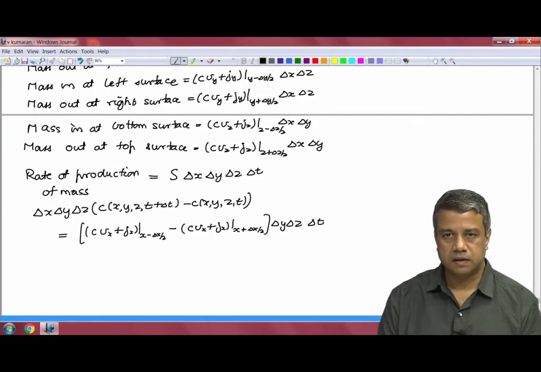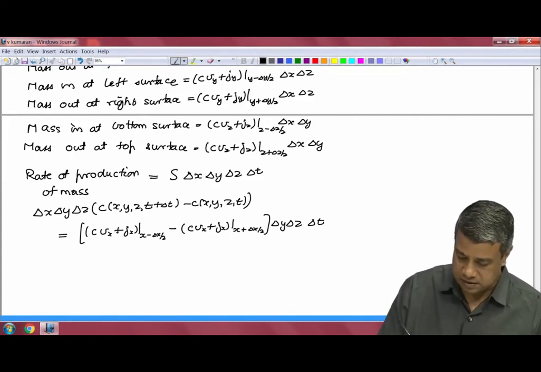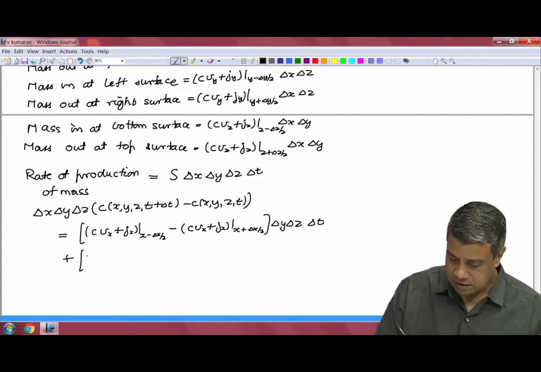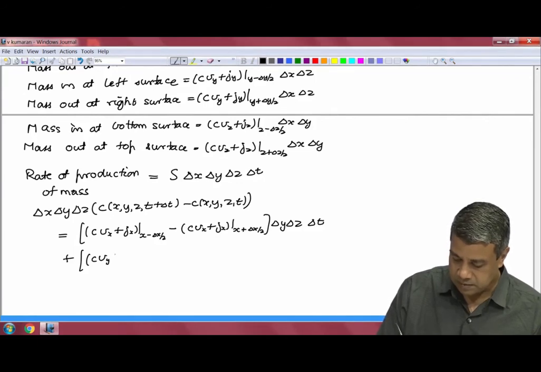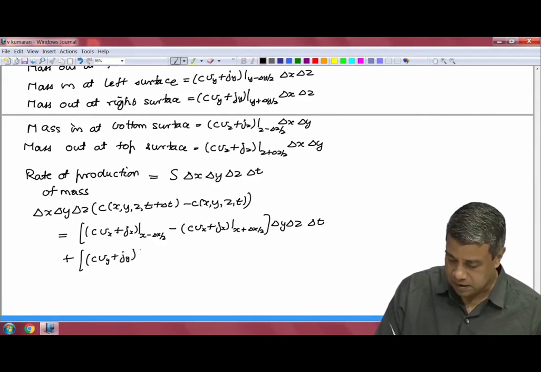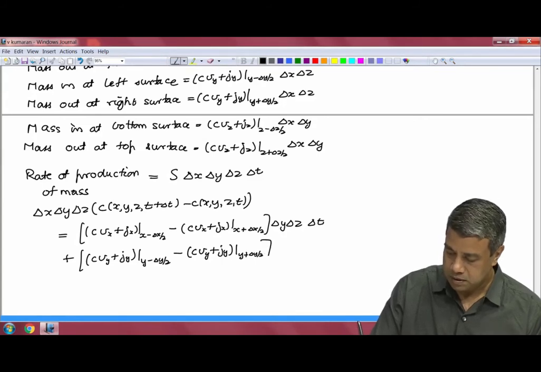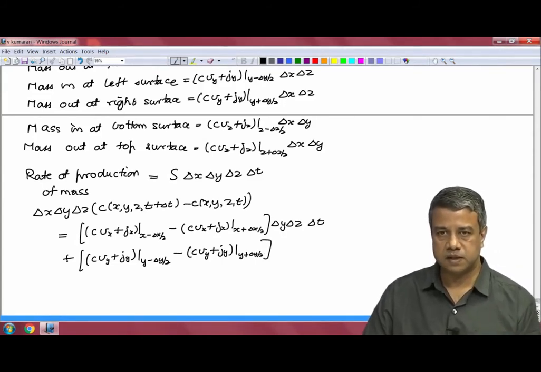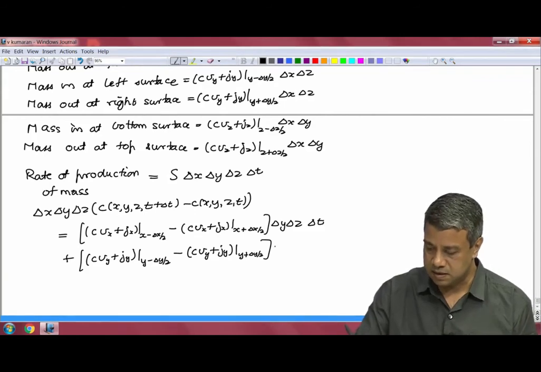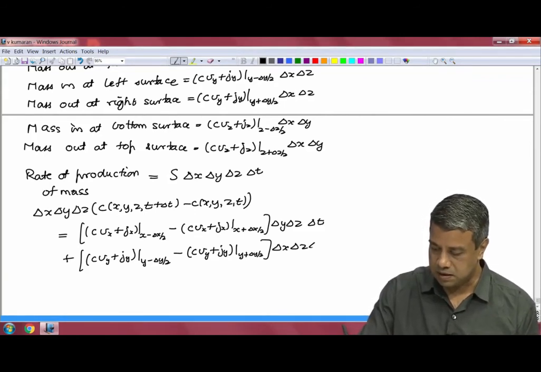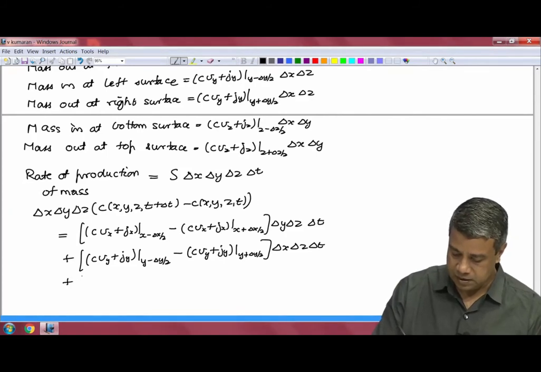Plus the left and right: C Vy plus Jy coming in at y minus delta y by 2, minus what is leaving at y plus delta y by 2, times the surface area perpendicular to the y axis, delta x, delta z, delta t.